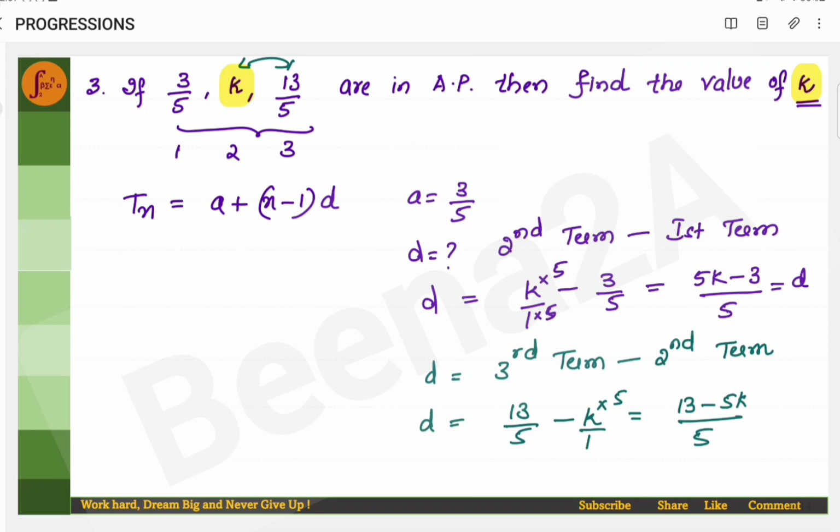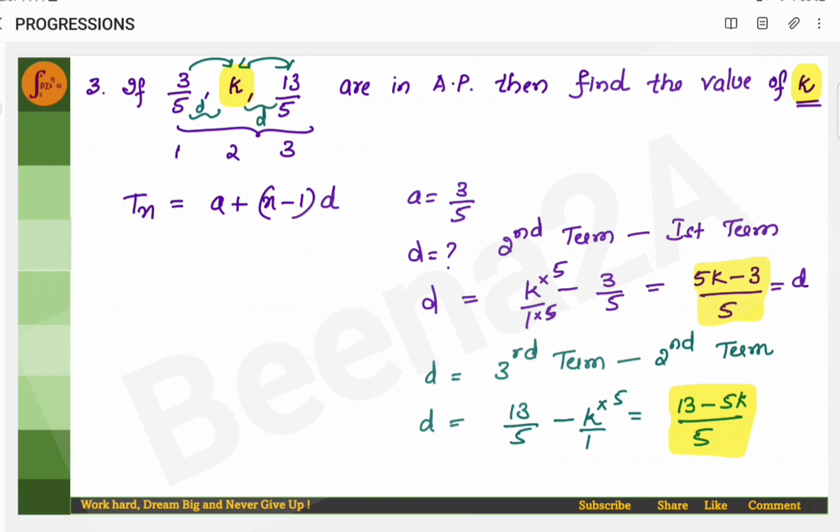Now you notice this. This is also the difference. But we know that the difference between the second term and the first term is the same as the difference between the third term and the second term, right? We know the difference here and the difference here is the same.